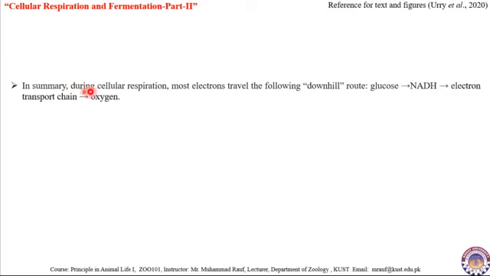In summary, during cellular respiration, most electrons travel the following downhill route.